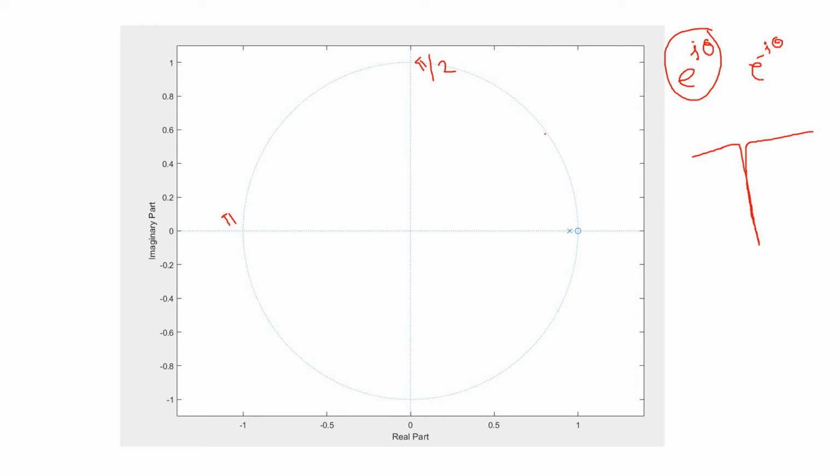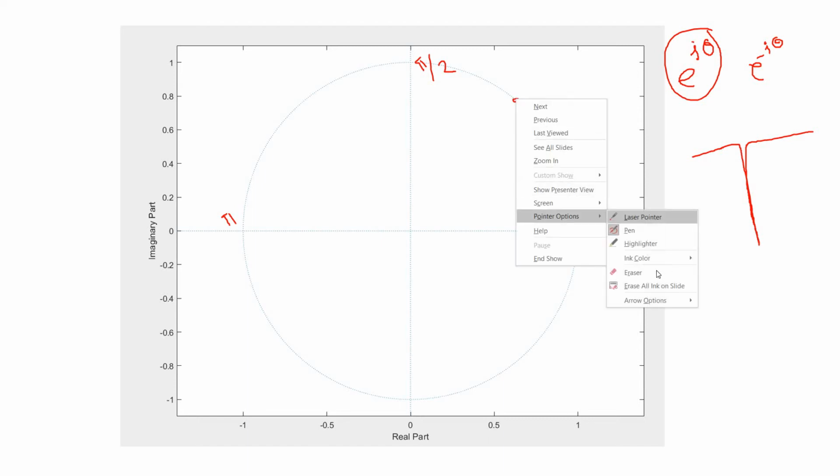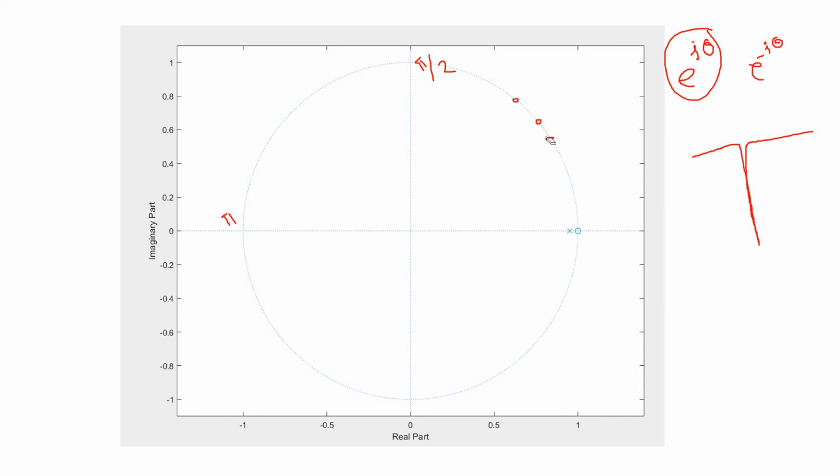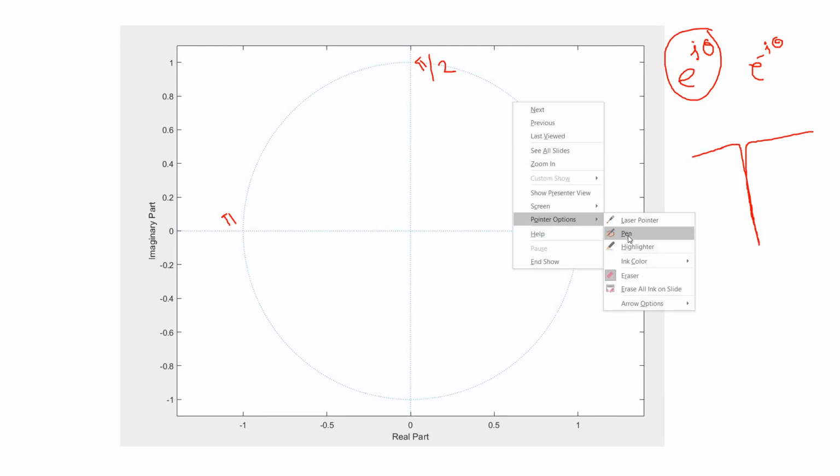So if you multiply by e to the power j theta, what will happen? With the zero, if you multiply, the zero will appear here according to theta. For a certain theta the zero may be shifted here, for another theta it may be shifted here. Where the new zero will be located depends on your chosen theta or omega, right?